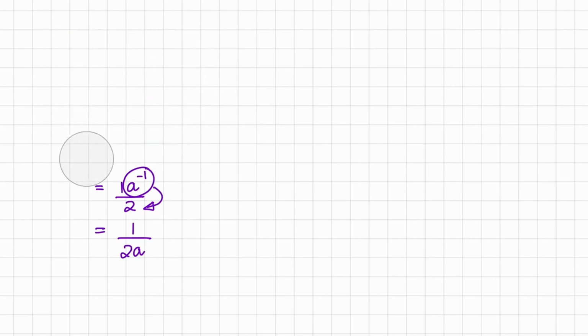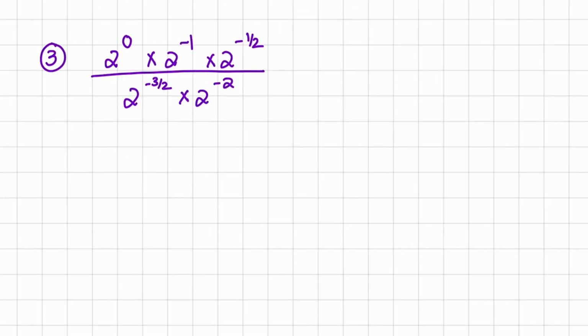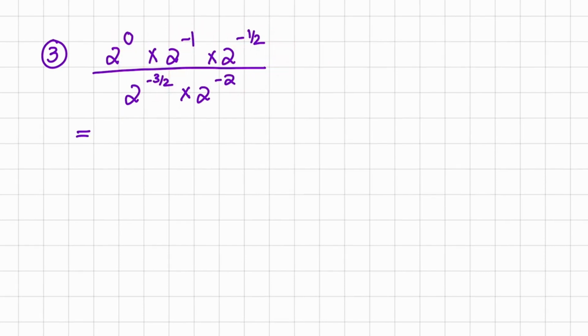Let us move on to our third example. So here we have multiples of 2, and we can see that we have various different exponents for 2. So let us start with the numerator. I know that if I have anything raised to the power of 0, that will become 1. So this will be 1 multiplied with the rest.